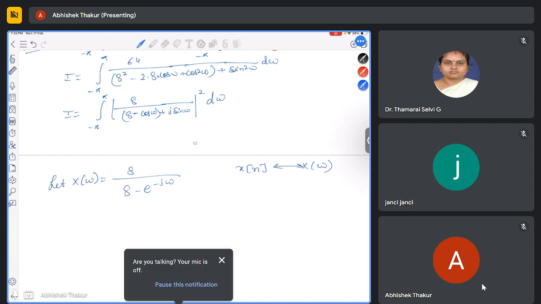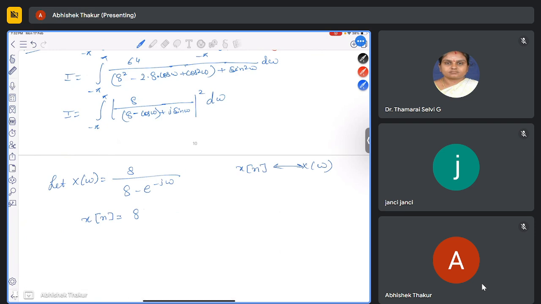So we can show that xn is equal to 8 to the power of minus n, because see, the Fourier transform of this will be 1 by 1 minus 1 by 8 e to the power of minus j omega. So this will be nothing but 8 by 8 minus e to the power of minus j omega. Okay. So this value is our x of n.